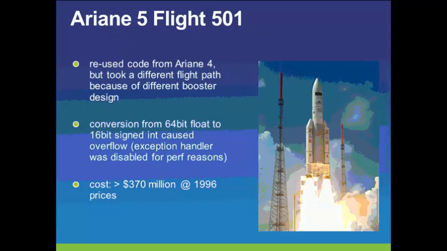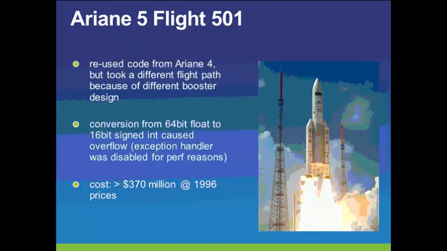For example, this flight had a different flight path than the previous one, so they had to do some conversions from, for example, 64-bit floating point to 16-bit signed integer, and the software engineer also decided to remove the exception handler for performance reasons.